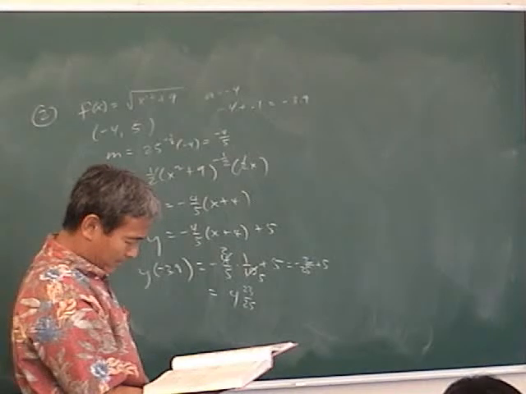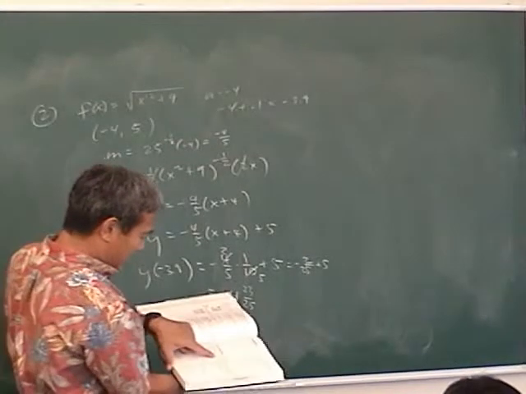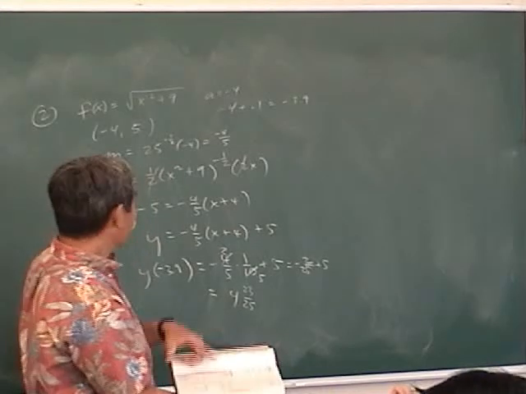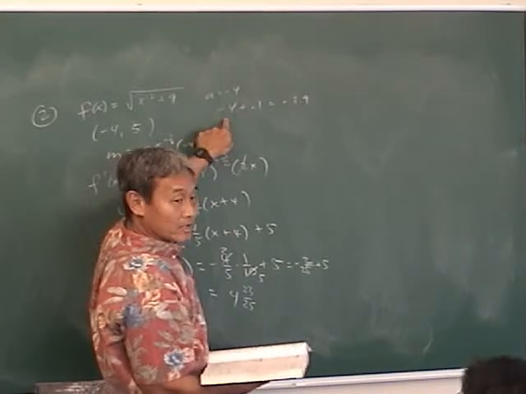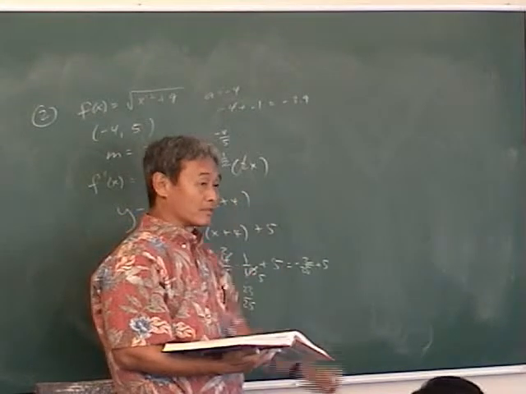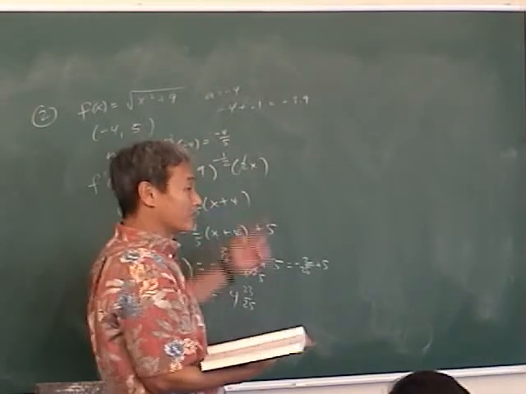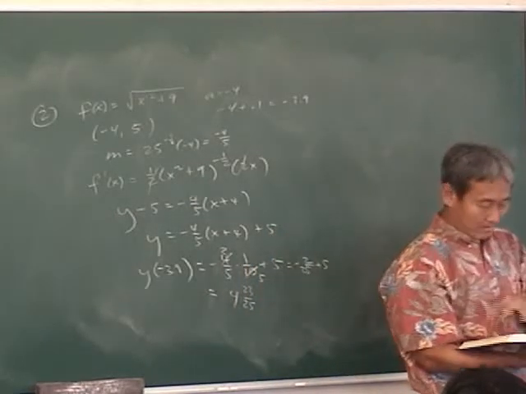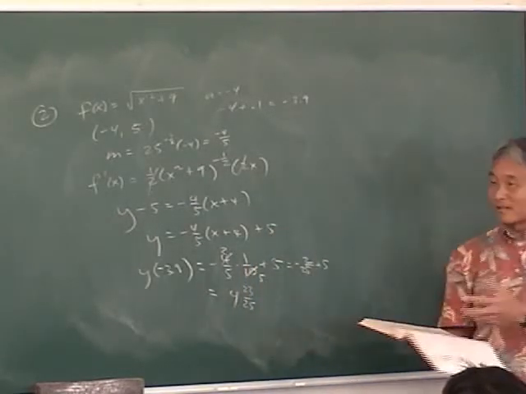Oh, wait a minute. No, because it says at a plus 0.1, so you have to add 0.1 to it. Whatever number they give you, they want you to estimate it when you add 0.1 to it. So negative 3.9. Don't worry, I'm going to spell everything out for you.